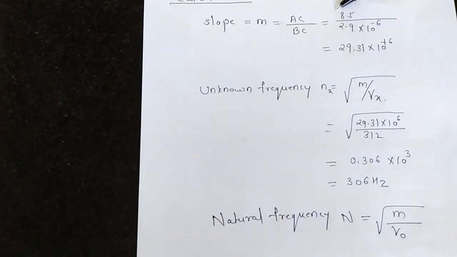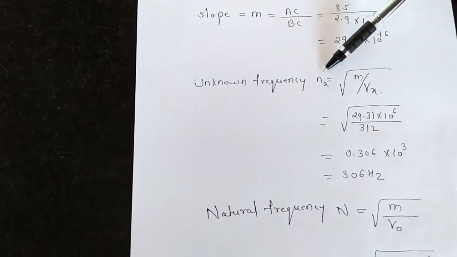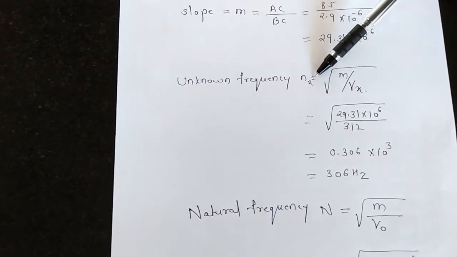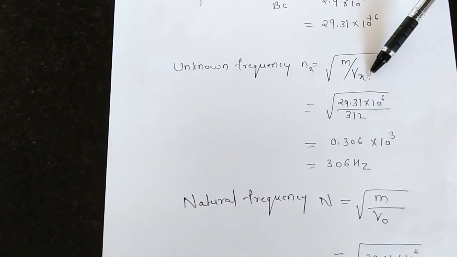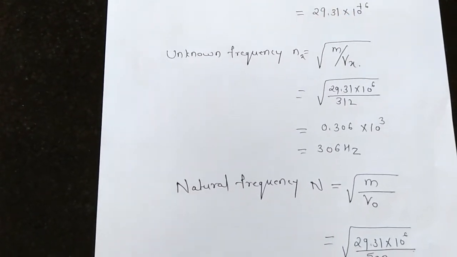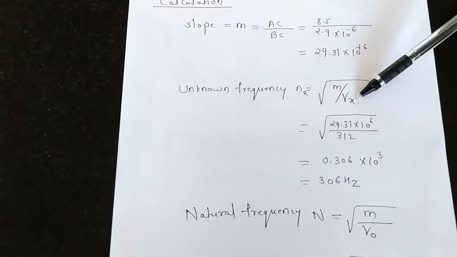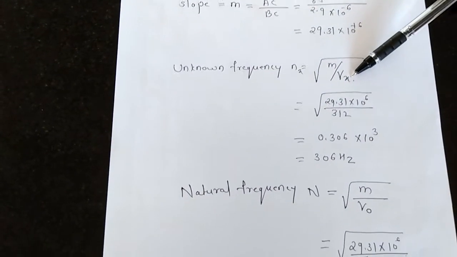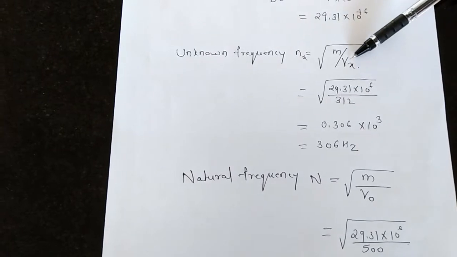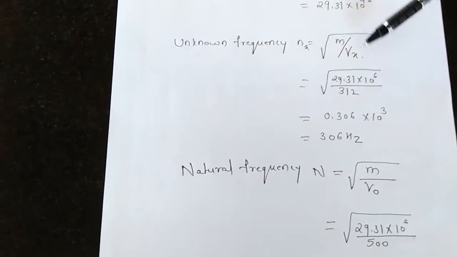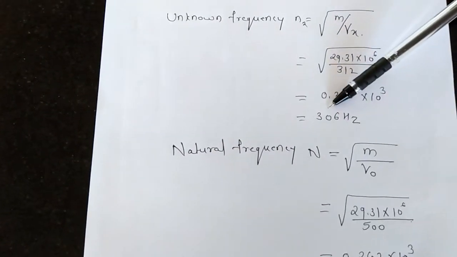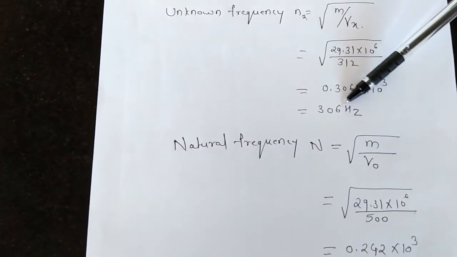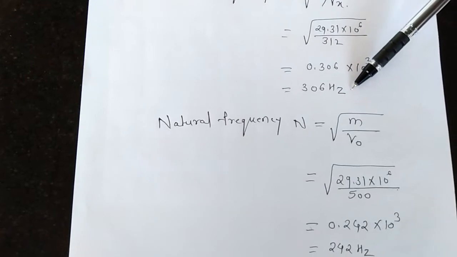After finding the slope, we can find the unknown frequency, which is nx is equals to root of m upon vx, where m is the slope of the graph, vx is the volume of unknown frequency. When we substitute all these values in the formula, we are getting the unknown frequency as 306 Hertz.